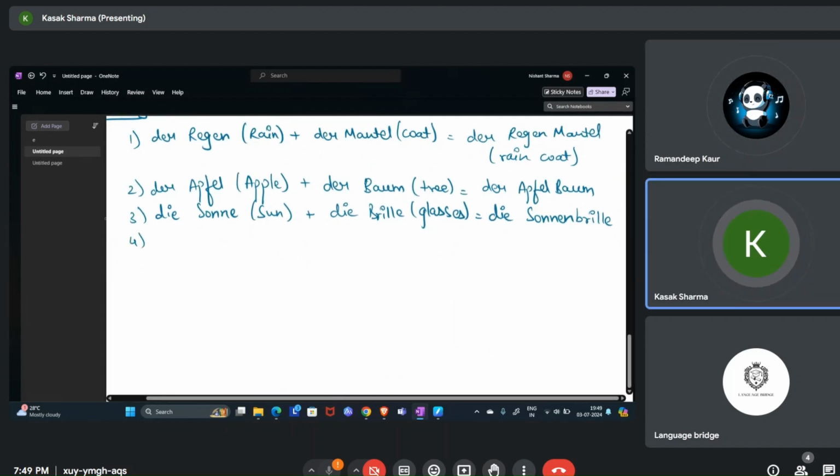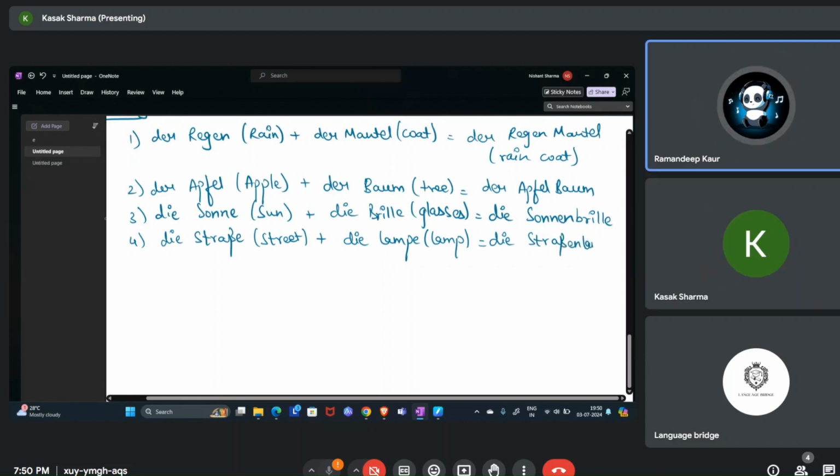Now for third we have die Strasse, which is street, and we have die Lampe, the lamp. Combining these two, I have Strassenlampe, street light.